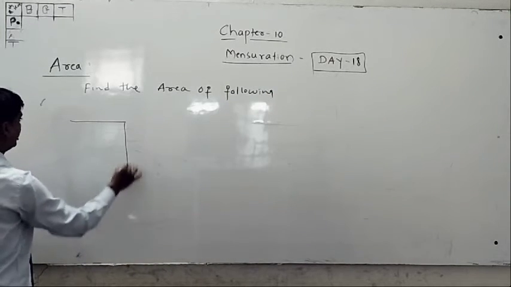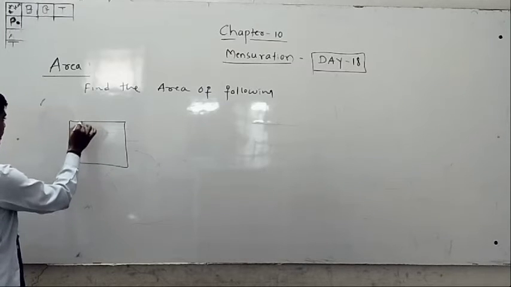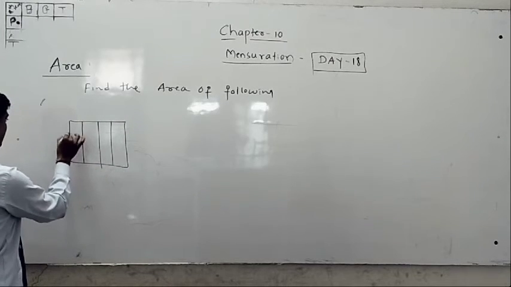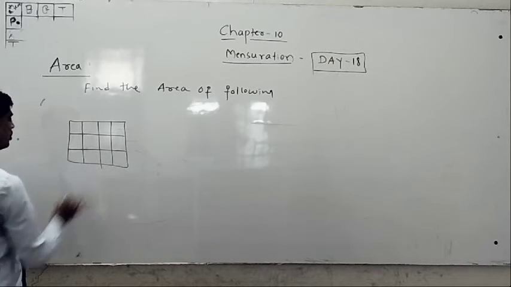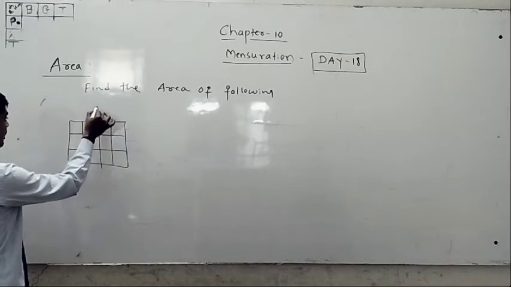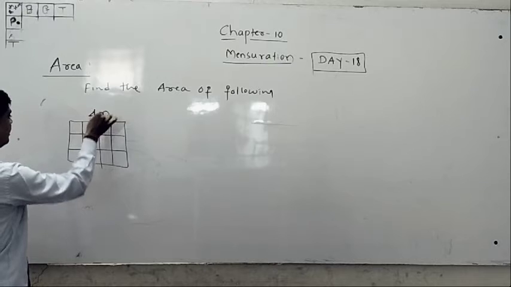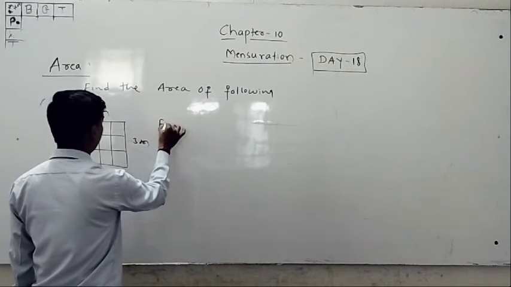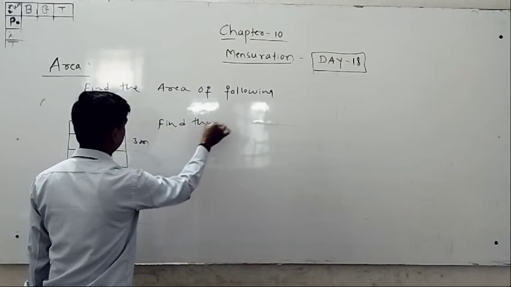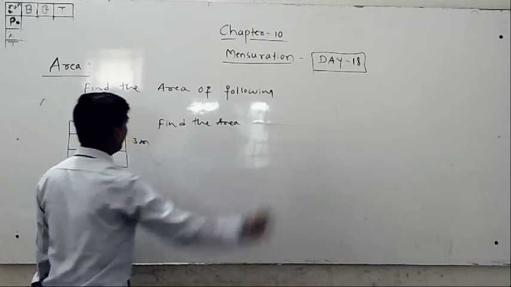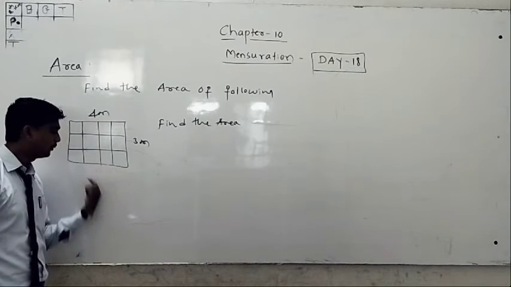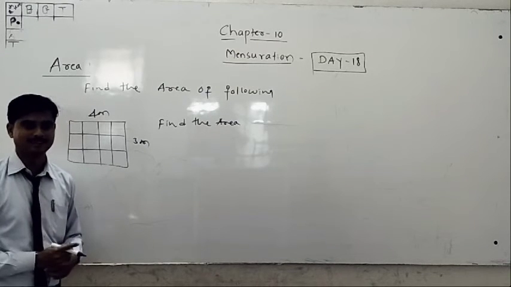Okay, this is the figure given, and here 4 meter and here 3 meter is there. Find the area. Find the area means it is very easy. This type of problems all of you solved in 4th standard.